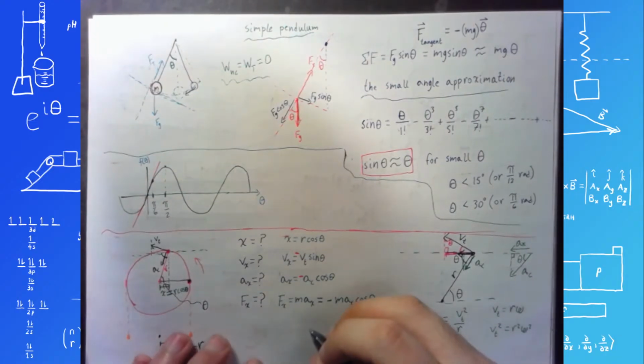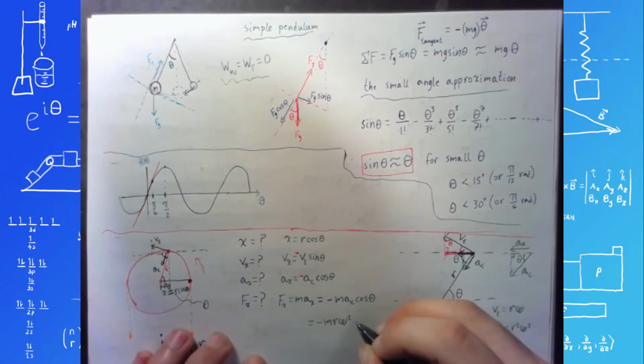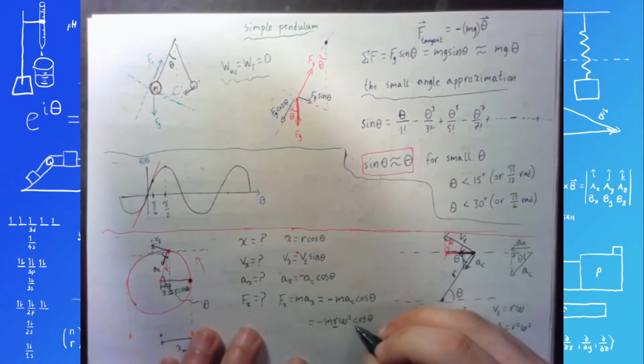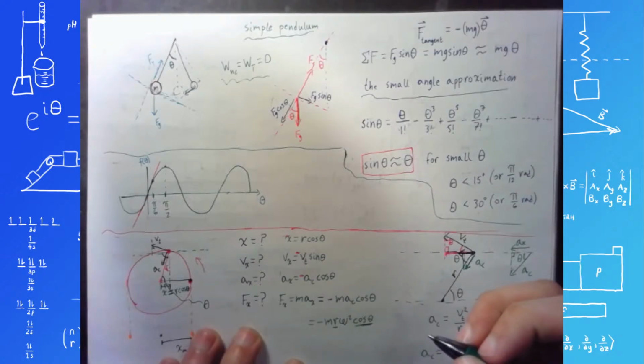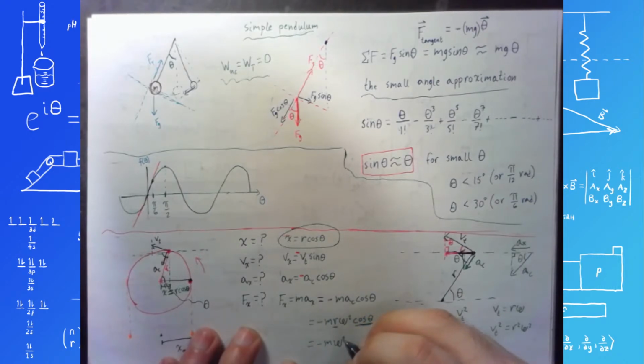Okay, let's see what that does for us here. So we get negative m r omega squared cosine theta. Oh, wait a minute. R cosine theta, that's x. So this is negative m omega squared times x. We have it.